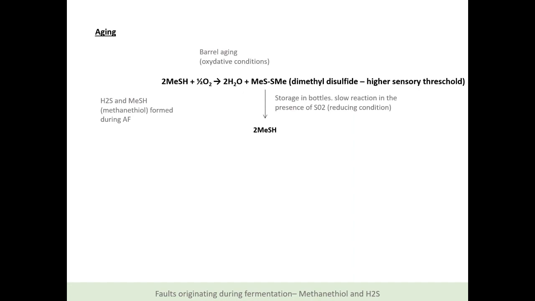But what happens then when we're ready to bottle the wine? We add SO2, so the redox potential inside the bottle decreases. So we are in reducing conditions, and we go back from dimethyl disulfide to methane thiol.